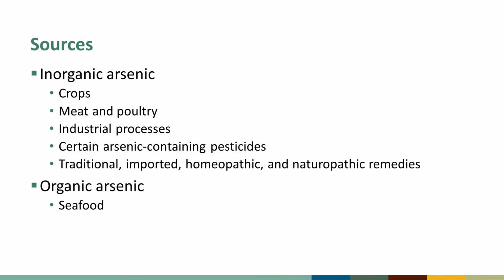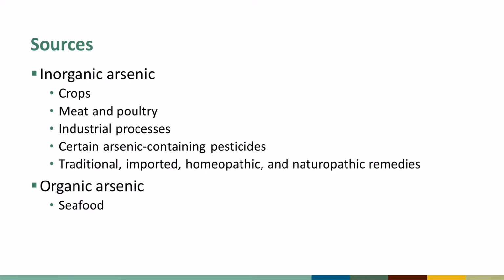Inorganic arsenic-based pesticides were once widely used for a variety of agricultural and home applications. However, they were discontinued for most uses in the United States during the 1980s and 1990s. Today, there are limited permitted uses of pesticides containing monosodium methane arsenate, or MSMA, an organic arsenical that is converted into inorganic arsenic in the environment.